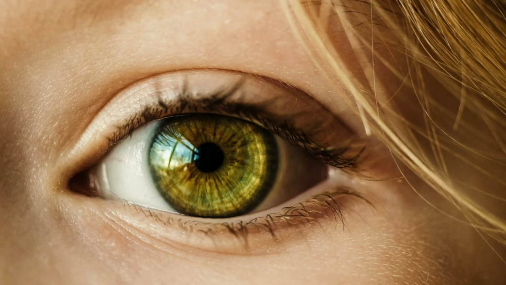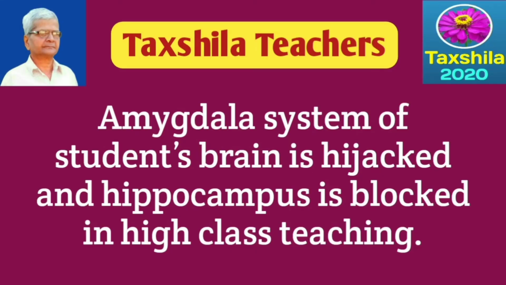Therefore, high-class teaching mechanism is not necessary in school system, because the amygdala system of a student's brain is hijacked and hippocampus is blocked in the learning process and brain page development of classroom.